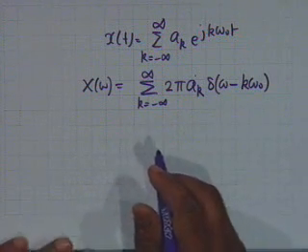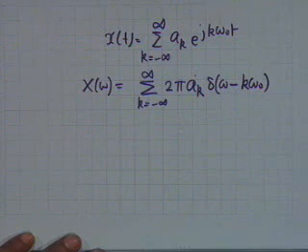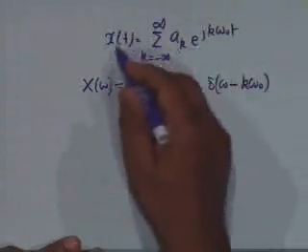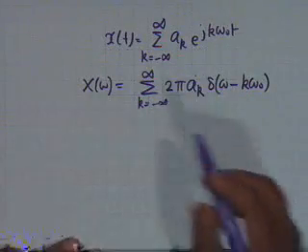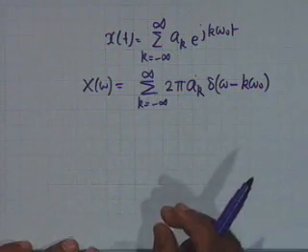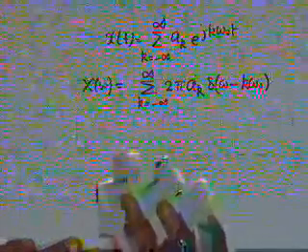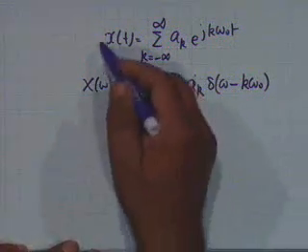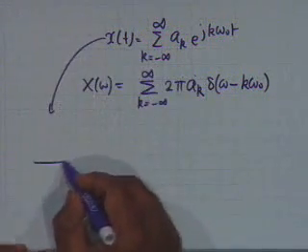Now what is the difference? You recall that if it was a Fourier series, then its spectrum would be simply the plot of a_k versus k. It's a line spectrum. In the Fourier series, the spectrum is a magnitude spectrum, for example.